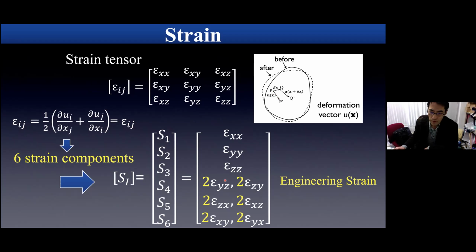However, we have to note that in the case of strain, we need a factor 2 for the non-diagonal components. For the diagonal components, we can set S1 equal to epsilon xx, for example.